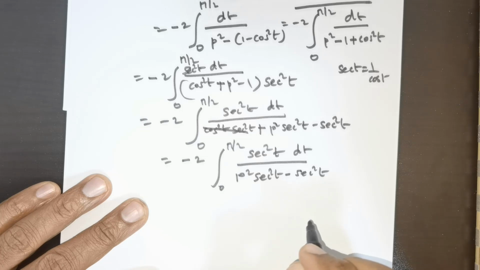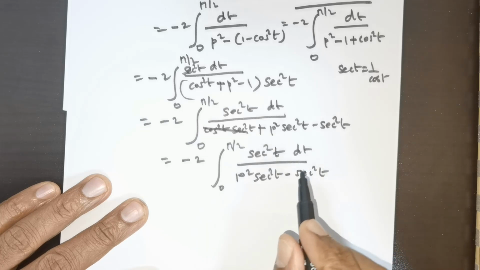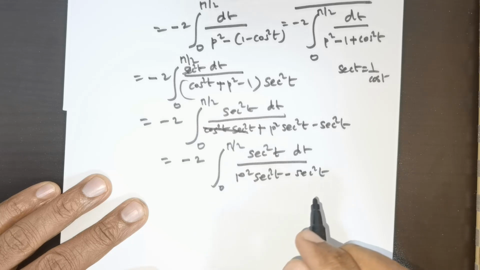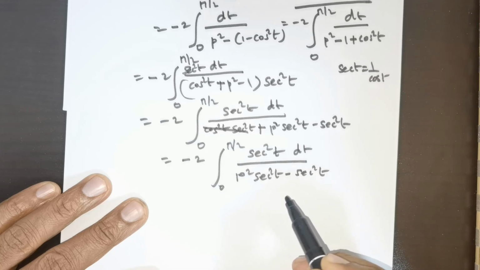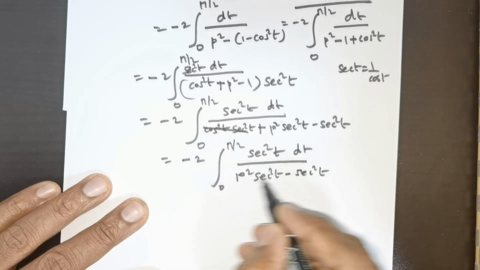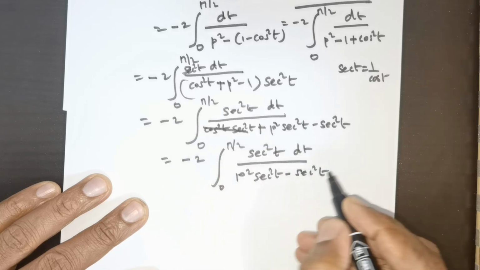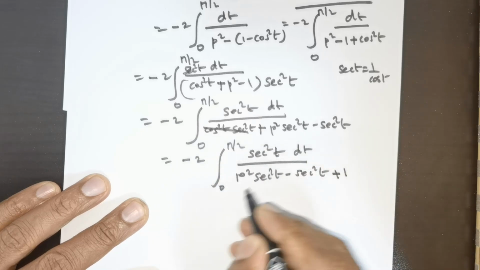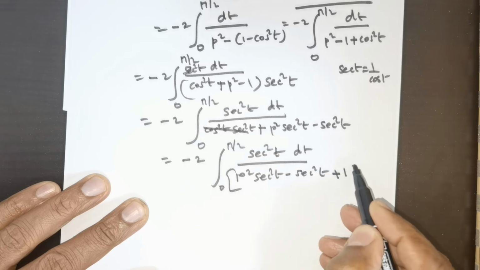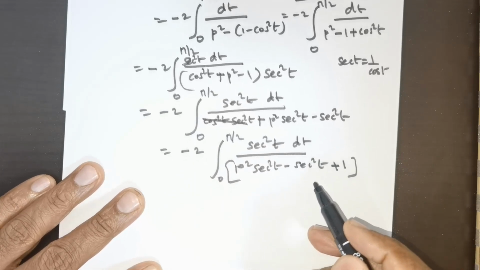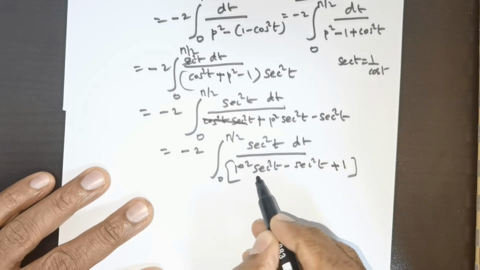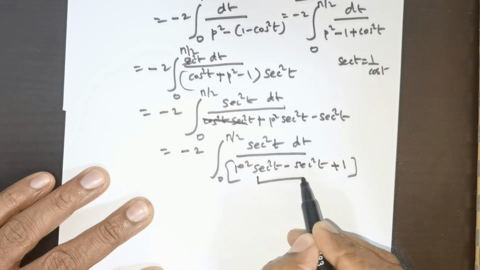Okay, now I wanted to make a representation. There is a 1 here, so let me place that 1 there. Okay, now let me just club these two together.